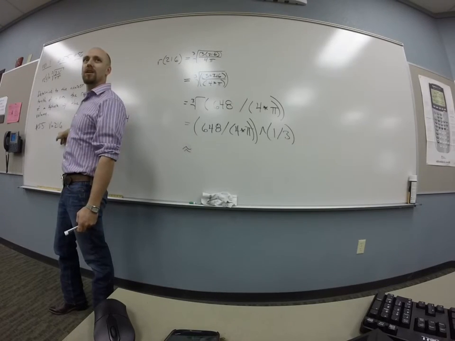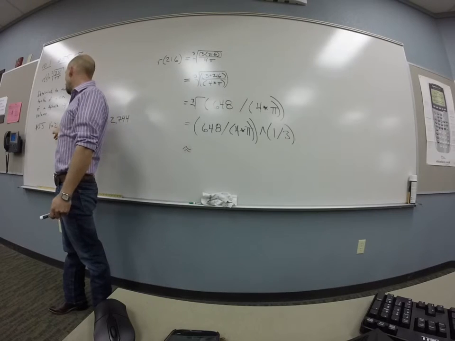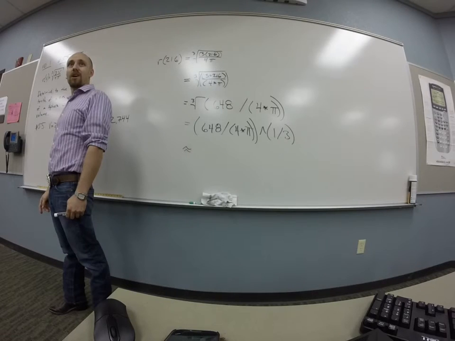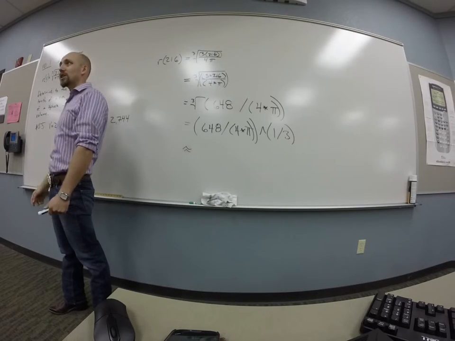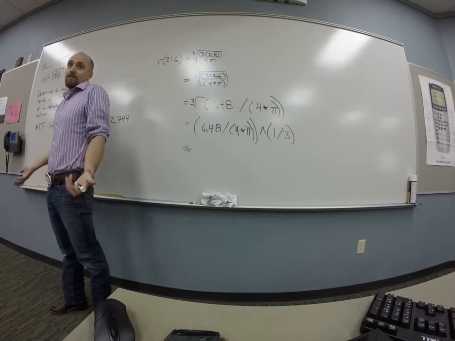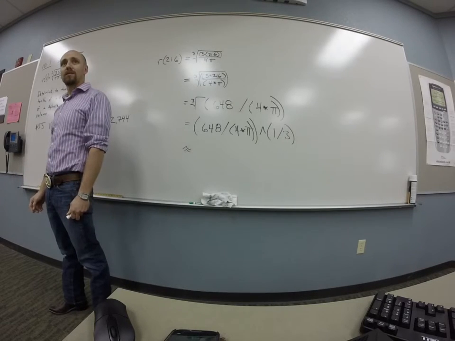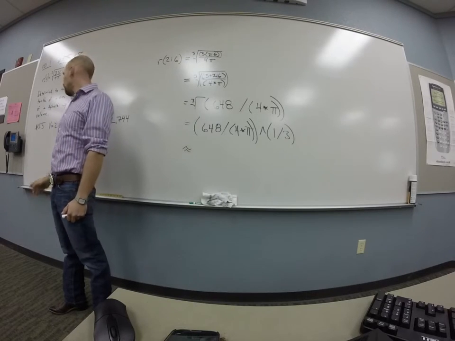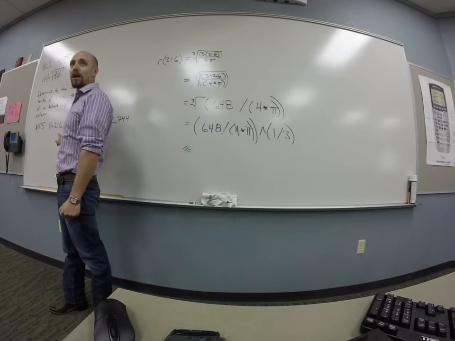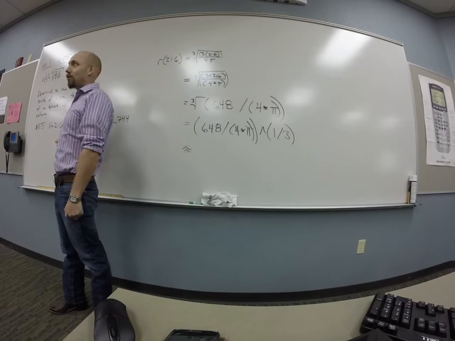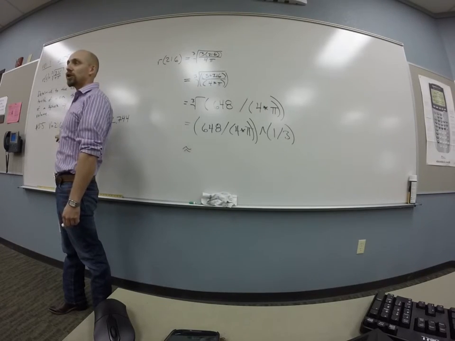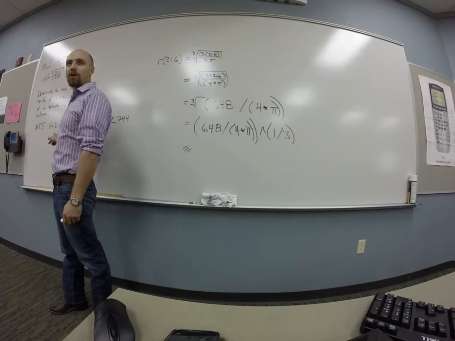What if I thought the sphere was a cube? How big a cube holds a volume of 216? How do I figure that out? Cube root it. Okay, so if I cube root 216, what do I get? Yeah, 6.